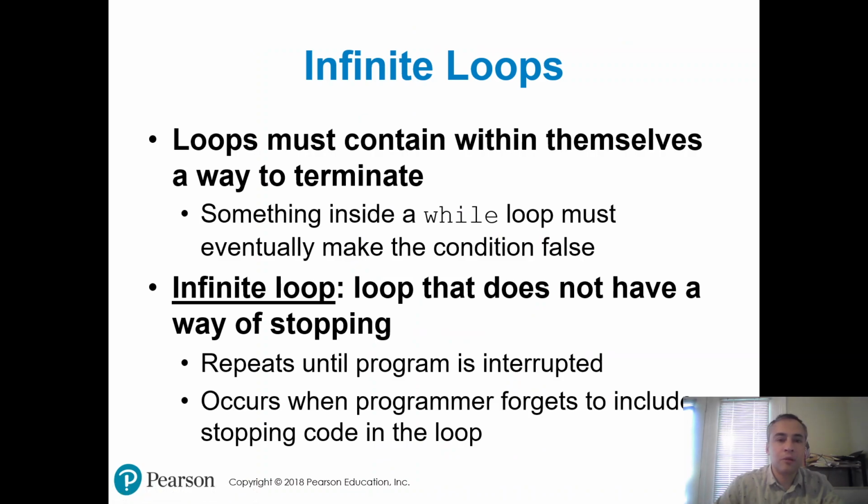Now, a warning about infinite loops: if you don't update the condition inside the loop, that is a variable involved in a condition inside the loop, it will never stop. So everyone does it. You can always forget to do that, so you just interrupt the program and then you fix your code.